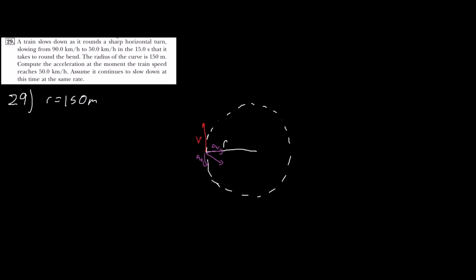What I'm going to do is find the final speed. So let's say that here you have A radial right here, and let's say it ends at this point. We don't know exactly where, but let's say that this is going to be A radial. And let's say that A tangential is going to be some speed that's going to be slowed down to some final speed, so that's going to be V. Let's calculate what A radial is.